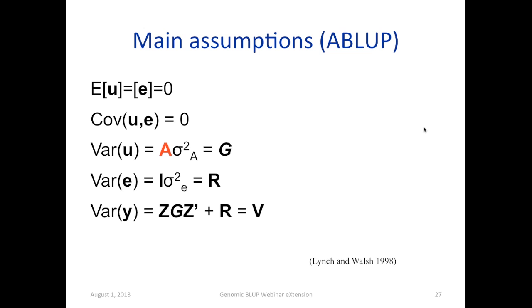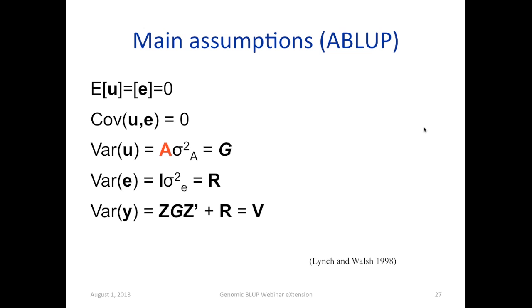So the major assumptions of the linear mixed models are that the expectations of the random effects and residuals equal 0. And we assume random effects and residuals are independent of each other. The variance of the random effects is the G matrix, which is the product of the additive genetic relationship matrix and the additive genetic variance.